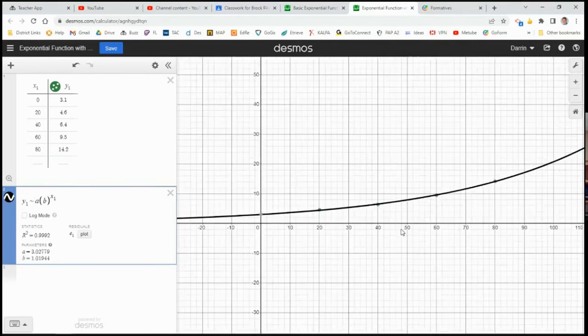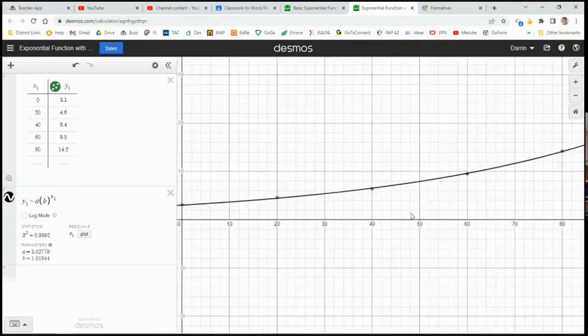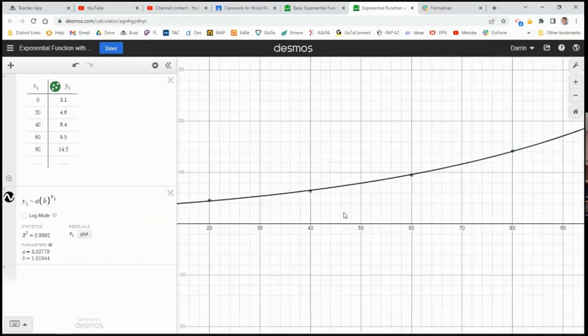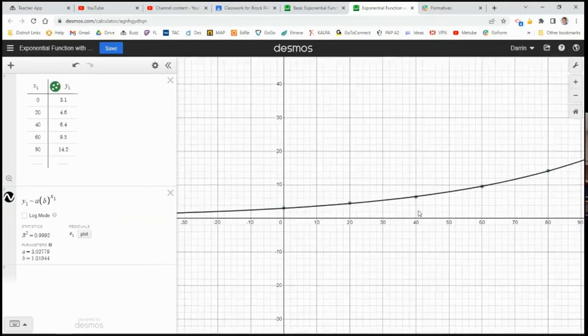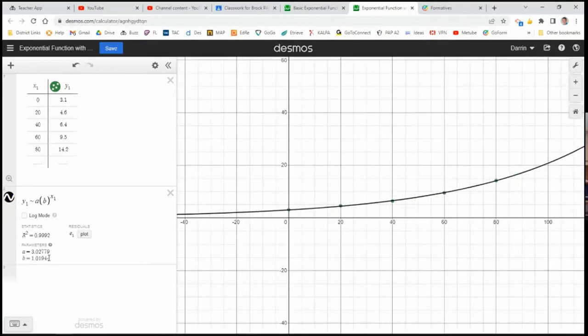That looks like a very good line. So that tells us what our growth rate is each year, and it's 1.019. If we round to 2 decimals, we'll just call that 1.02. So our b will equal 1.02.